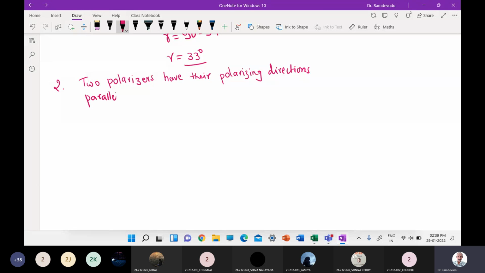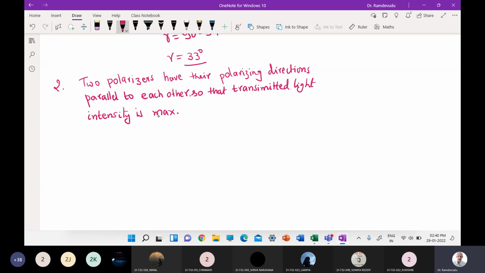That means the angle theta between them is 0 degrees, and the transmitted light intensity is maximum.